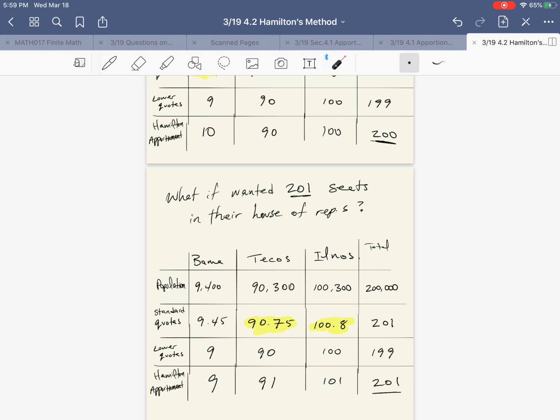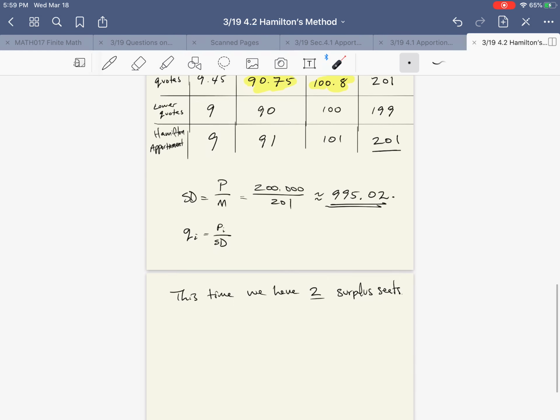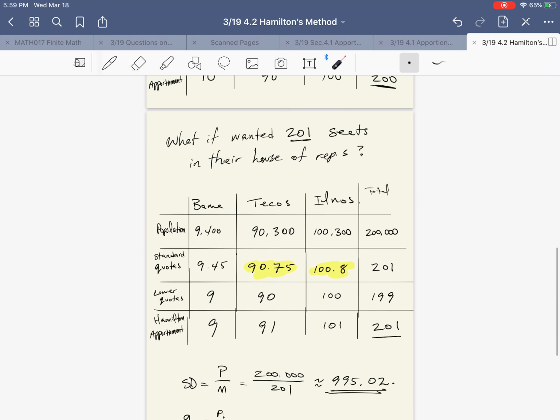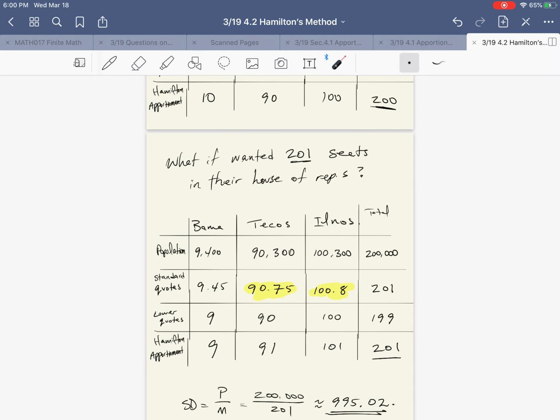Sorry, I'll go back to that when we get to section 4.6, which is on paradoxes in apportionment. But this is a problem. This is an immediate problem that we only get 9 when there are 201 seats, but 10 when there are only 200 seats.